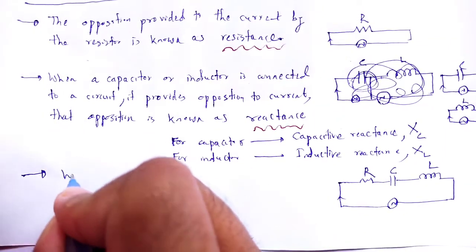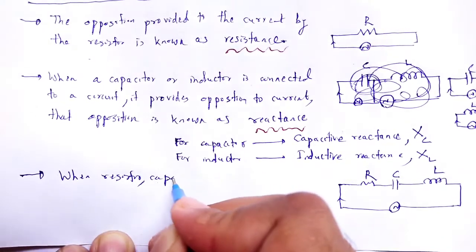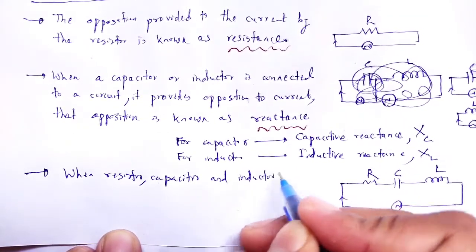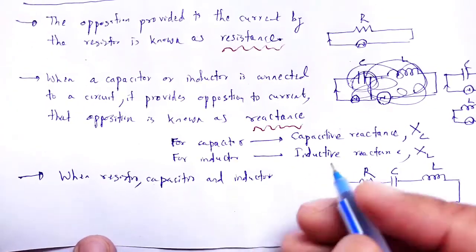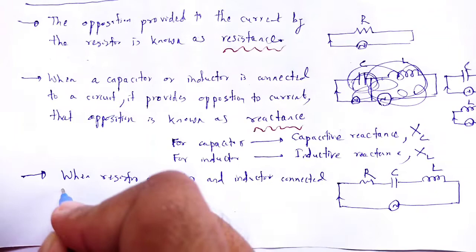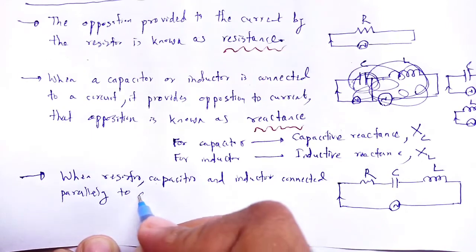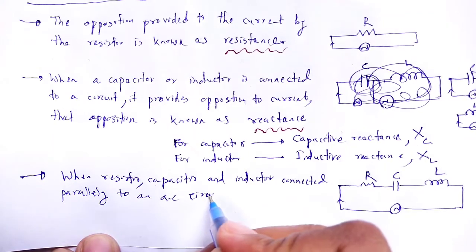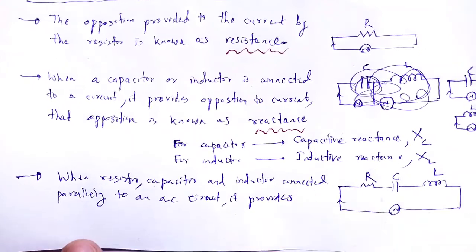The opposition when resistor, capacitor and inductor are connected in parallel to an AC circuit also provides opposition to current.